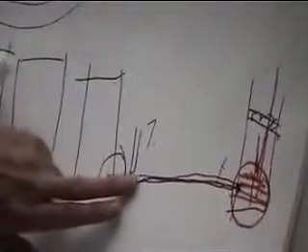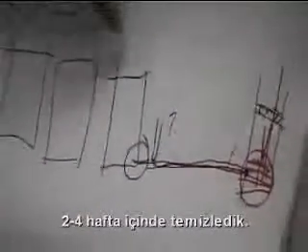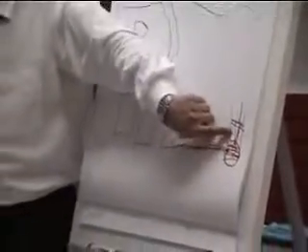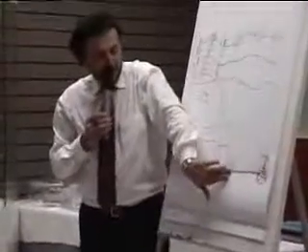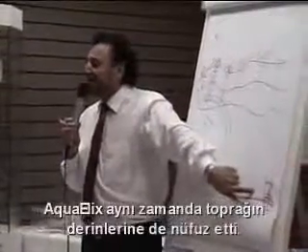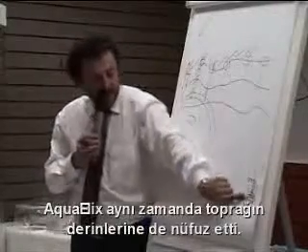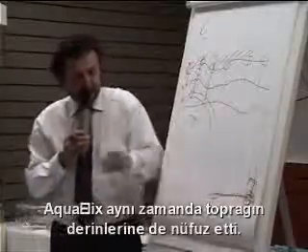Normally 1 week, 2 weeks, 3 weeks, whenever the rain comes, the oil always comes to the top of the water supplies. But with aquatics, in 3-4 weeks, we can completely clean this, whatever the line is.